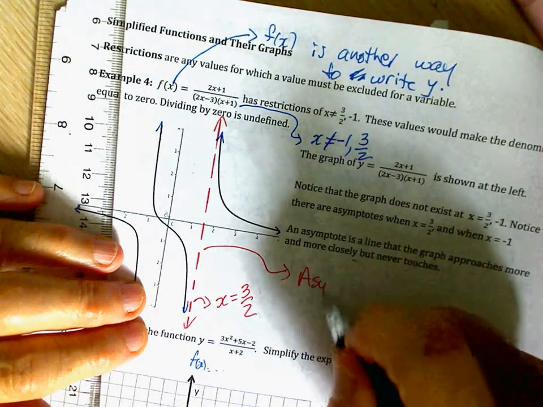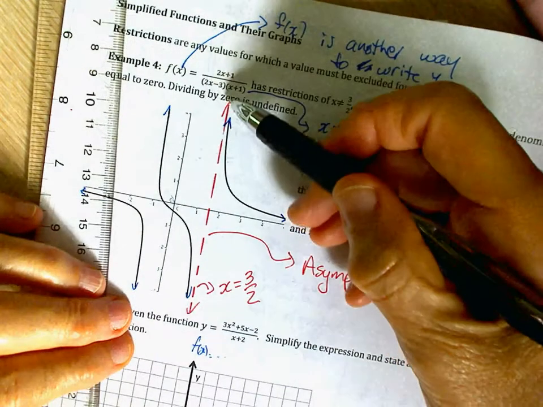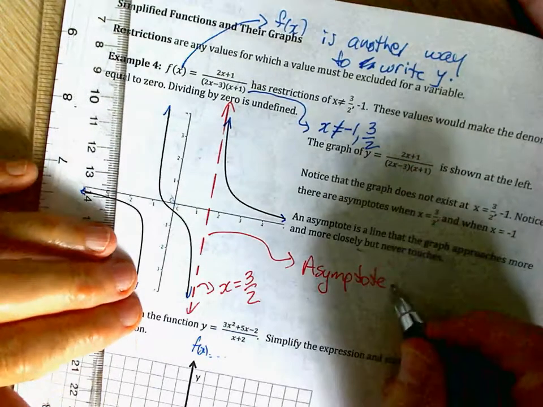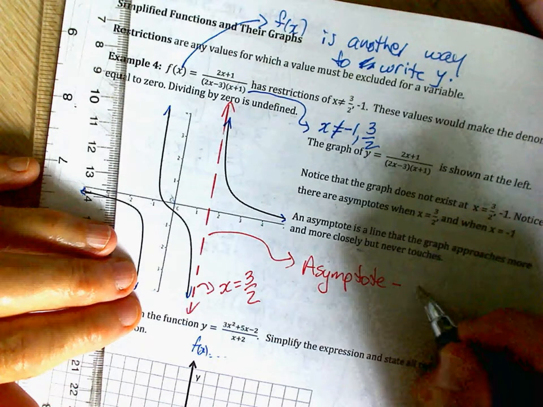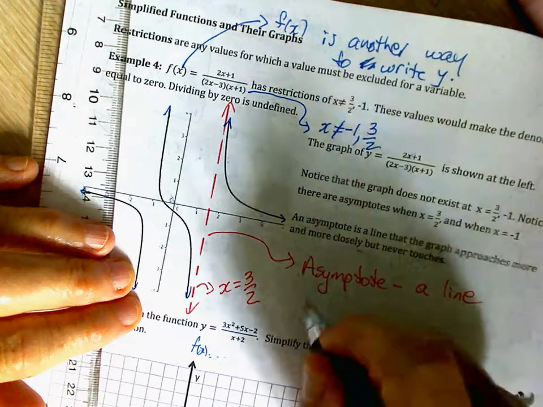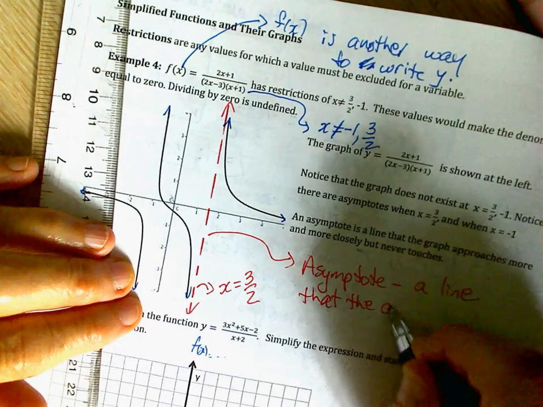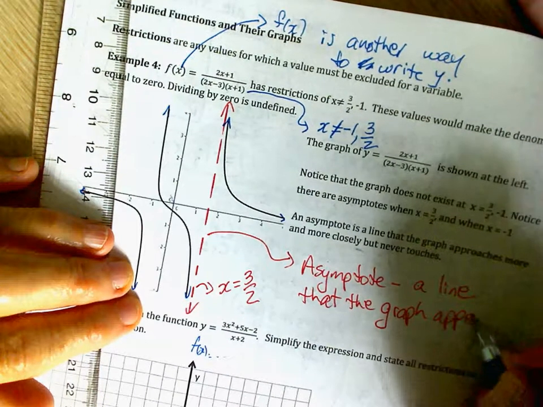This is a graph of the line x equals 3 over 2, and an asymptote is a line that the graph approaches but never touches.